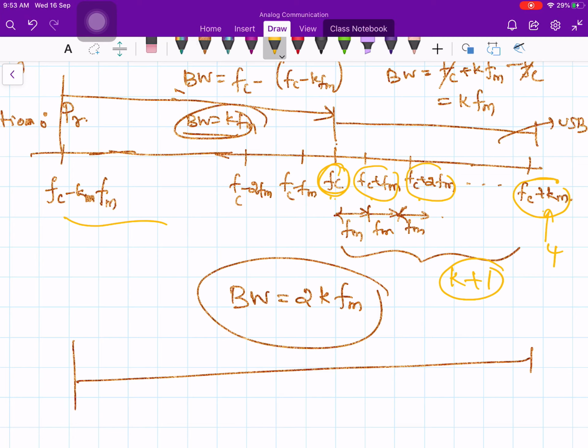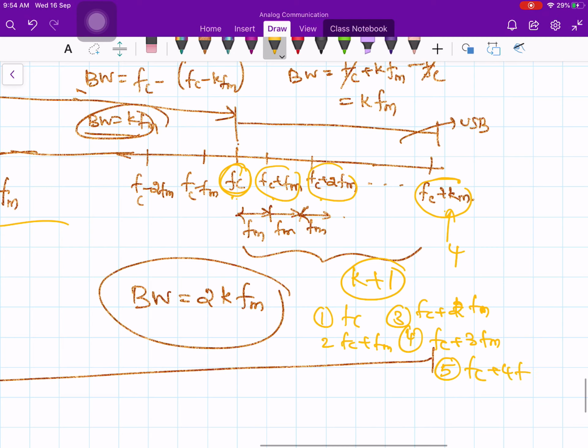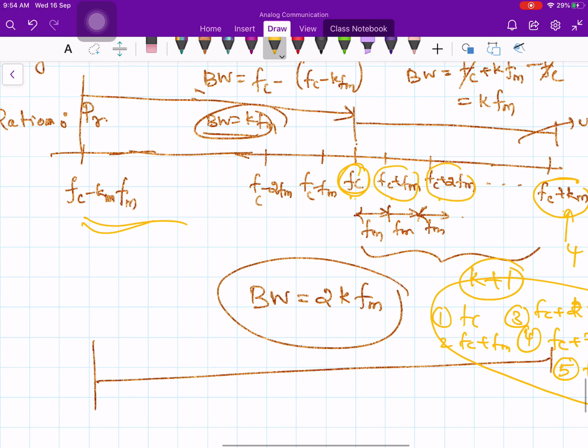First, Fc is the first term, the second term is Fc plus Fm, the third term is Fc plus 2Fm, the fourth term is Fc plus 3Fm, and the fifth term is Fc plus 4Fm. When K equals 4, then you have 5 components on this side. From the other side you have 4 components. Therefore, 5 plus 4, 9 components.